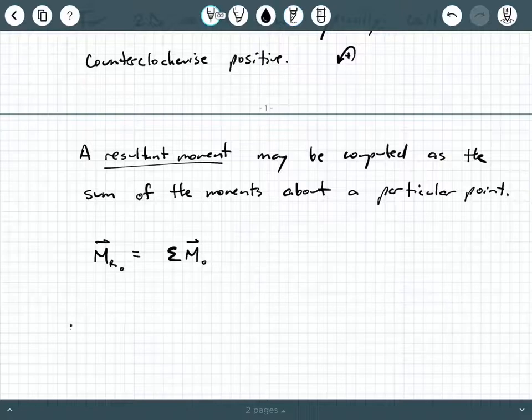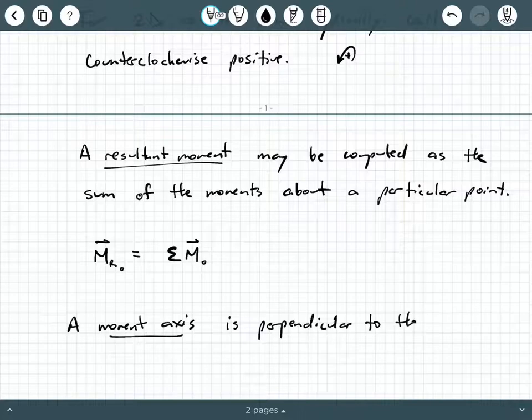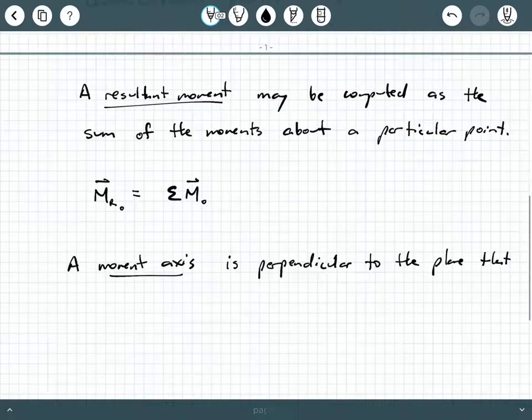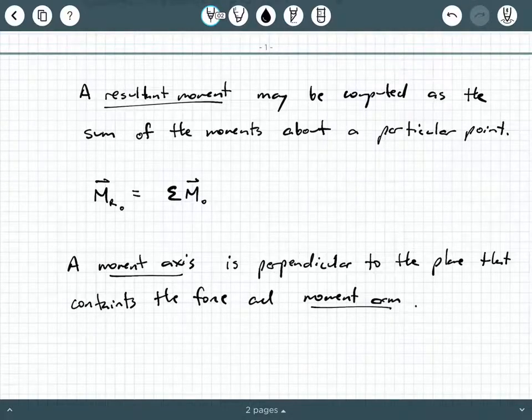So one other piece of this is that a moment axis is perpendicular to the plane that contains the force and moment arm.